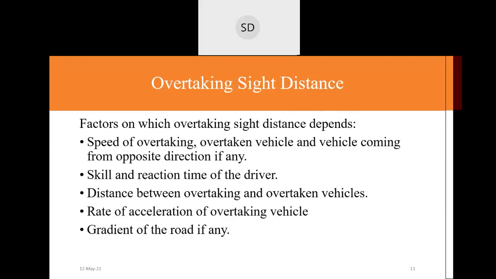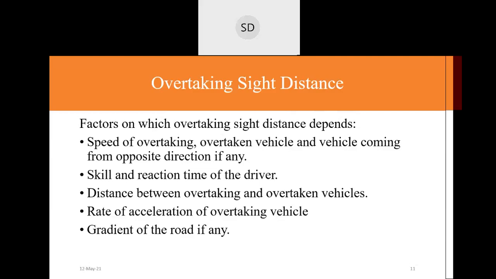Then the skill and reaction time of the driver. If the reaction time of the driver is less, he can overtake very easily, he can take the decision. So that is an important factor. In the case of overtaking sight distance, the reaction time of the driver is considered as 2 seconds. Then the distance between the overtaking and overtaken vehicles.